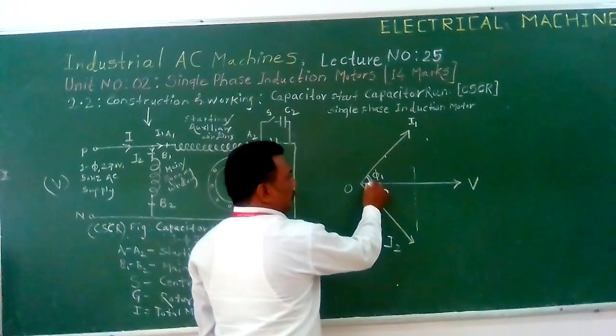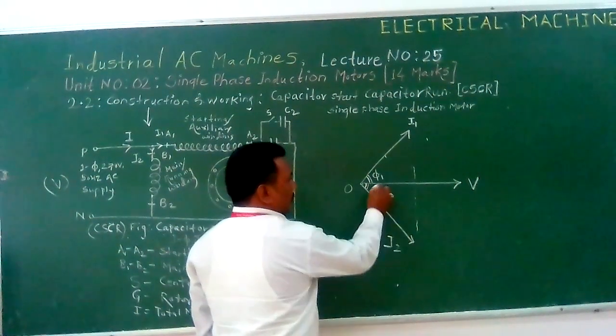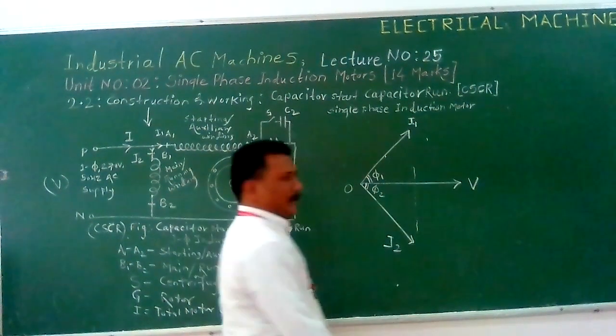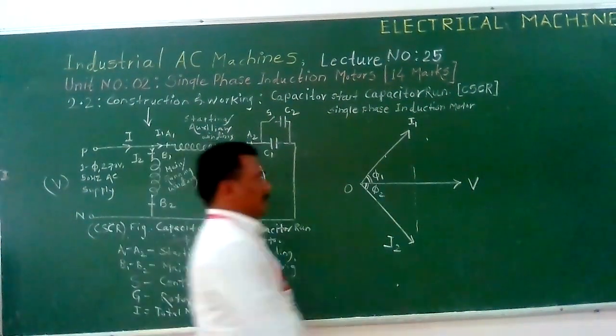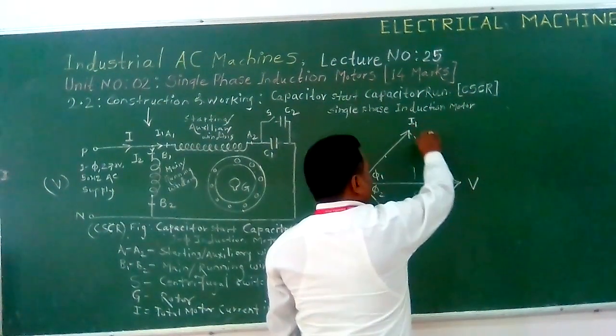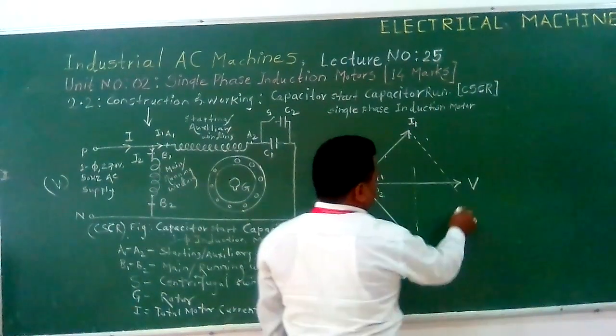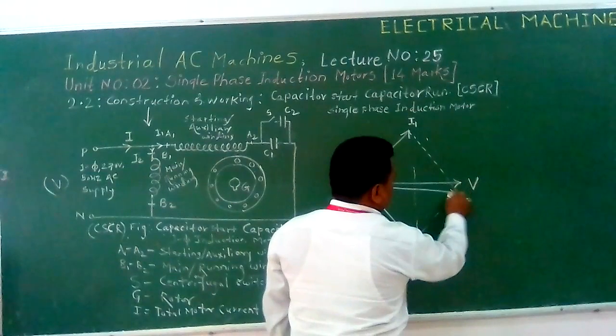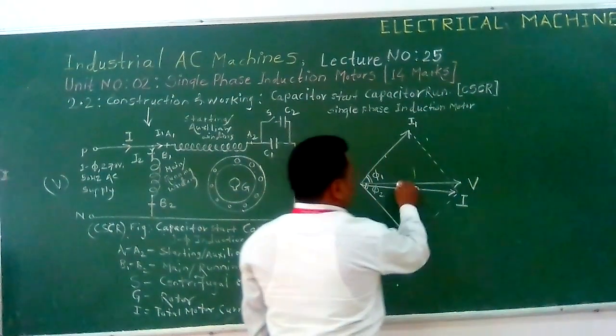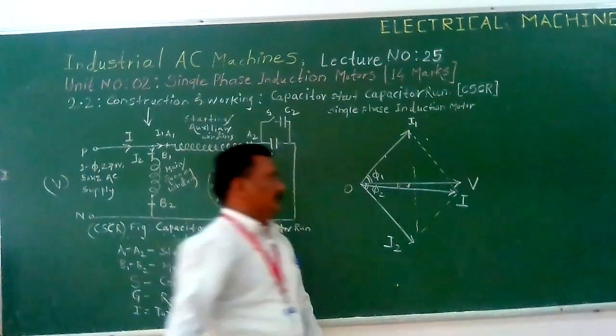The angle between V and I2 is phi 2. Now here we are taking the parallel resultant of both of these. Its resultant is likewise here. This is I, and its angle is phi.